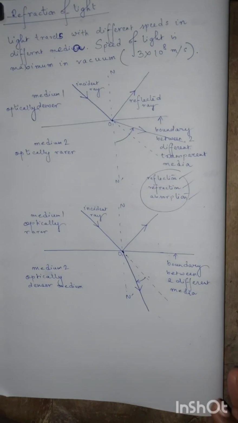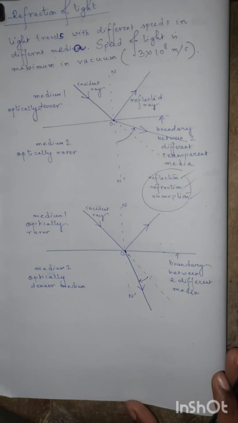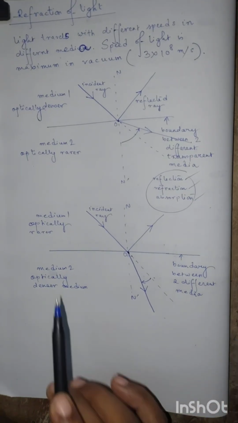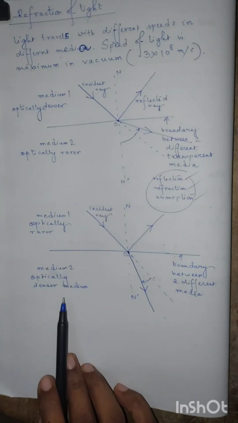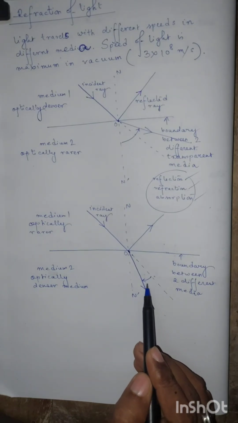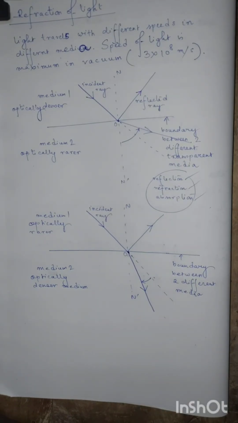So we can see from the diagram that when light passes from optically rarer to optically denser medium, it bends towards the normal.